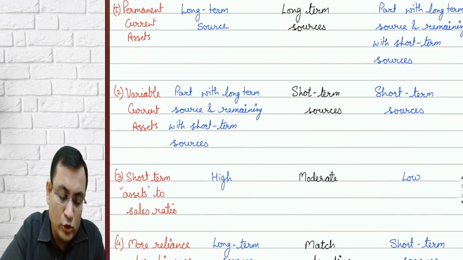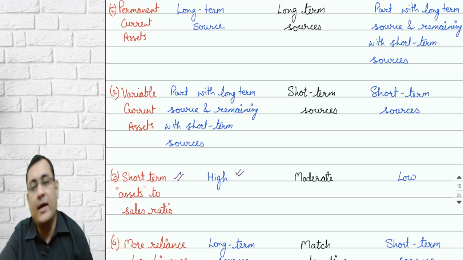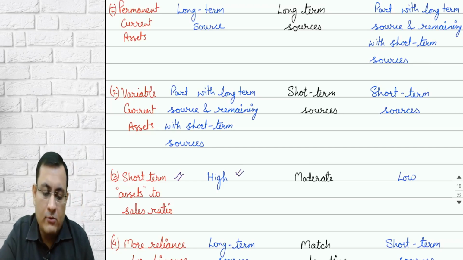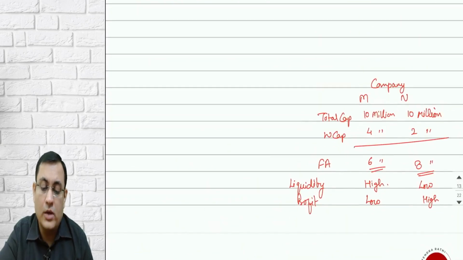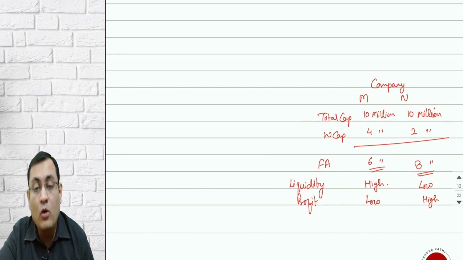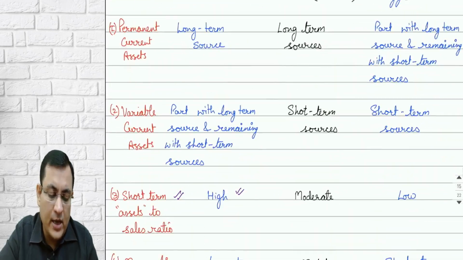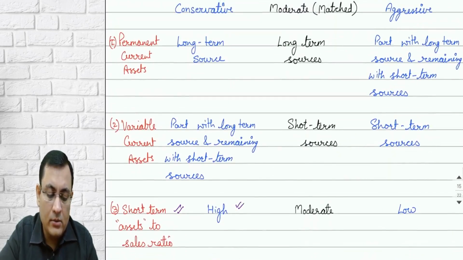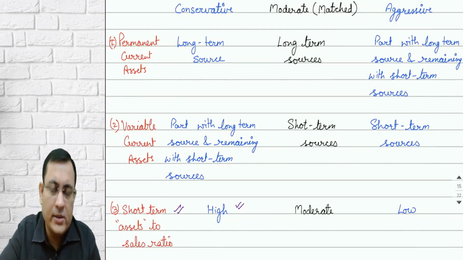The short-term asset to sales ratio will always be higher. Which company was conservative in our example? M and N, of course, M. M is maintaining more working capital, meaning more investment in current assets. So M is following a conservative working capital policy because they are maintaining more short-term assets in comparison to sales, at the same level of sales.